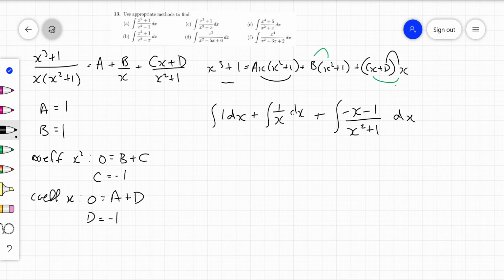So what I can firstly do is make them positive and make this negative. And then the other thing is I want a 2x. So what I can also do is put a half out the front and times everything by 2. So I get that. So this one will be x, this will be log of x.